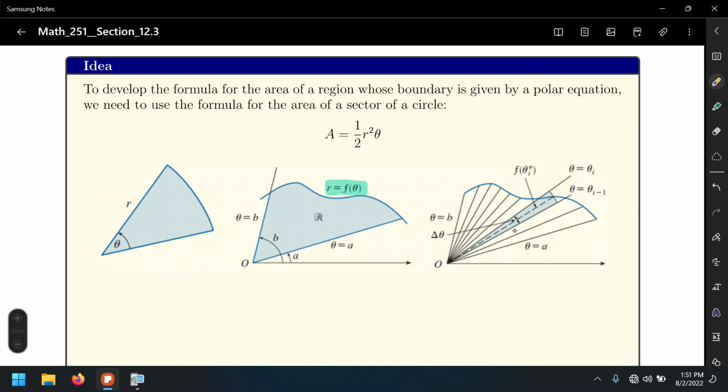So for different radii, we're going to have this ray right here, and as a really small increment, to go from theta sub i minus 1 to theta sub i, we can rewrite this in a more compact way as delta theta. You know, that's the differential.